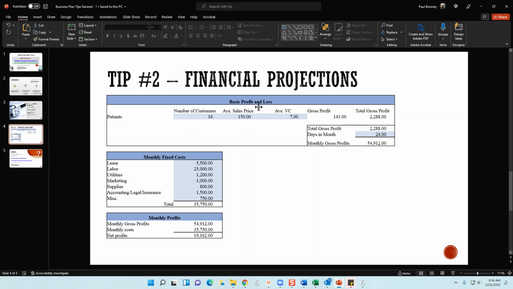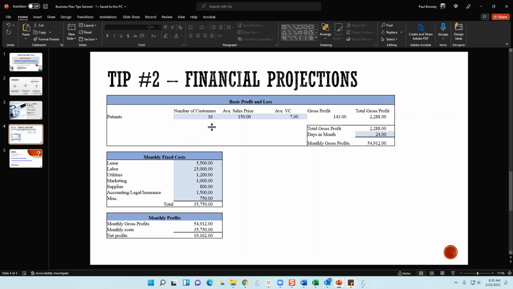With this model, the way it's broken up into 3 segments, this is your revenue segment, your monthly fixed cost segment, and then your monthly profit segment. In the revenue segment, we drill down on patients. How many patients do you need to service on a daily basis in order to achieve your net profits desired?